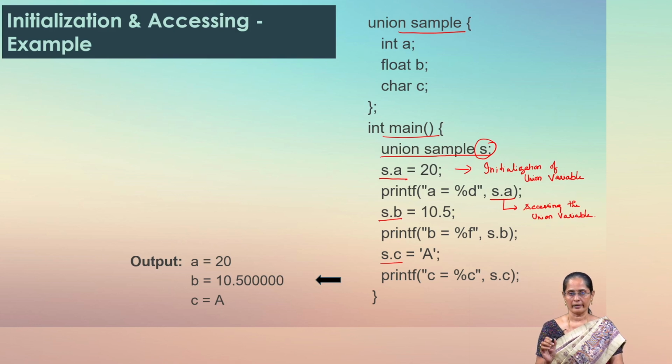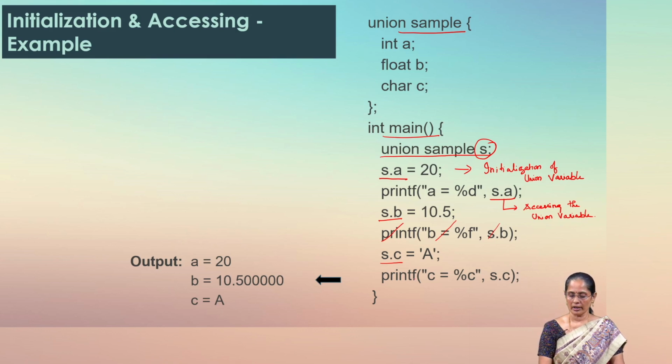What will happen if I do not give this printf statement? We are using s dot b equal to 10.5 and then I give s dot c equal to a. According to the union concept, the value of s dot b will be overwritten by the new value.